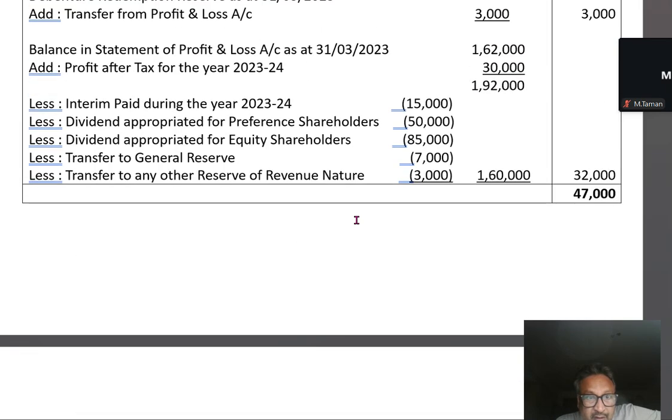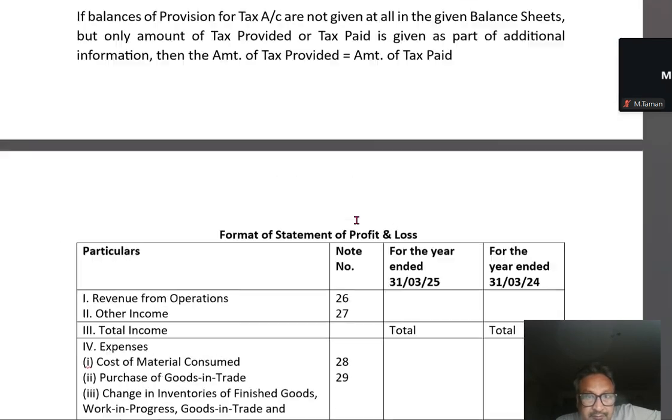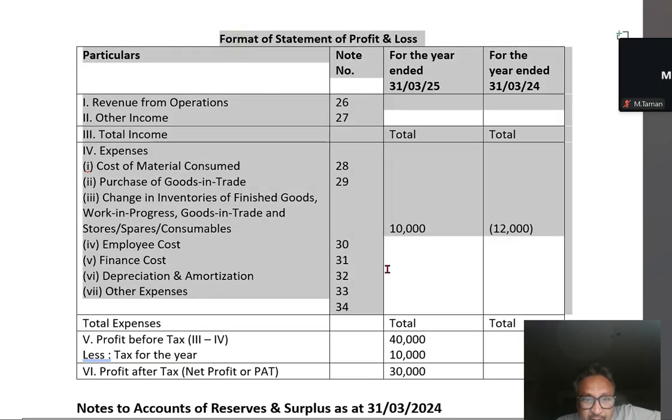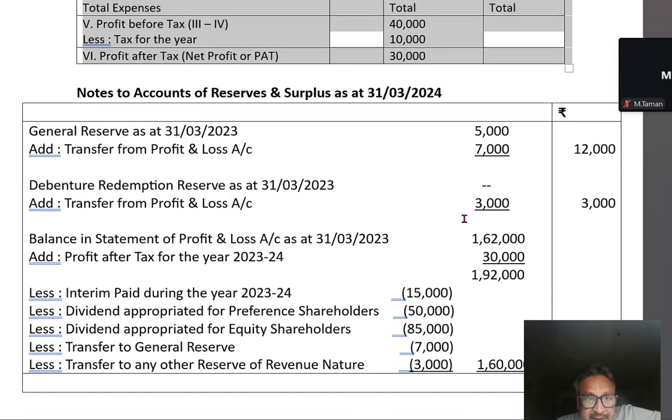Okay, before this, you have to note down this also. Yes, you noted down everything till here. You do not need to note down this format. This you already know, guys.